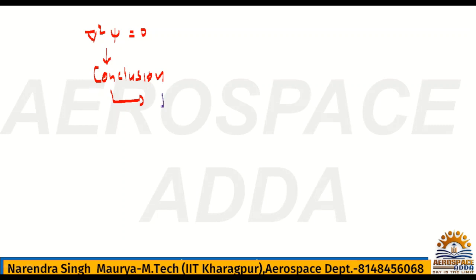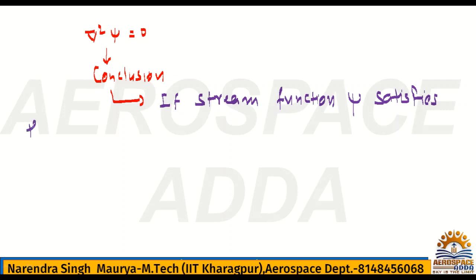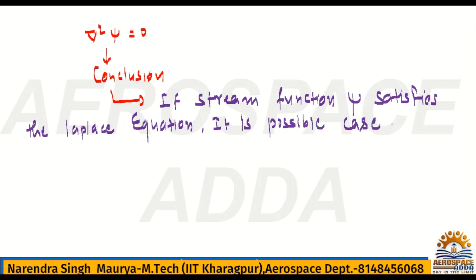The conclusion is if a stream function psi satisfies the Laplace equation, it is a possible case of irrotational flow. Okay, if you got it, no?